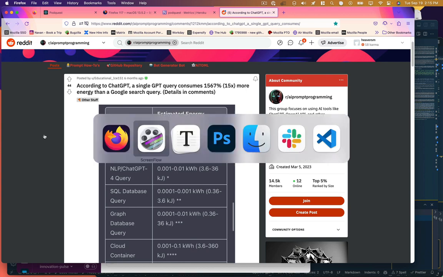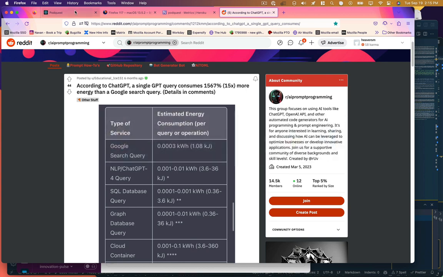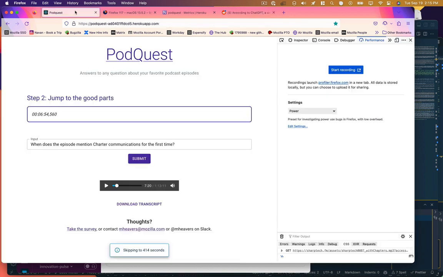So let's just recap what we learned here. Transcribing audio is a computationally expensive process, on the client, the server, and the API side of things, which is why it costs more. Optimizing that process is a good idea if you're working with audio.